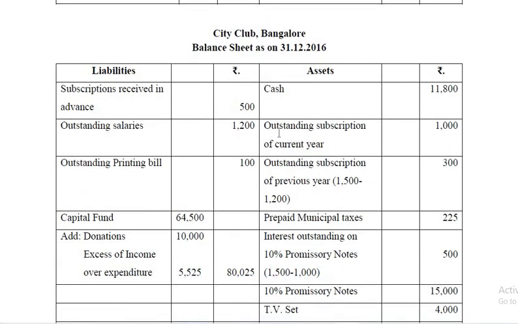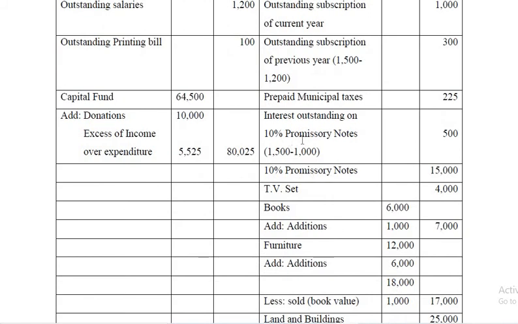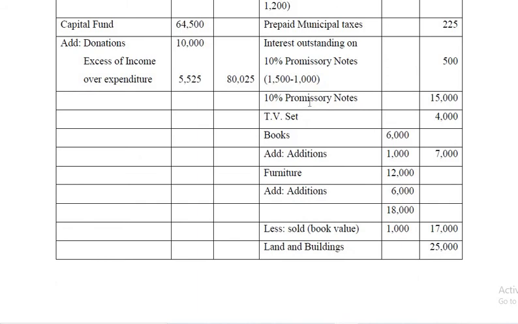Go to the closing balance sheet: closing balance of cash, outstanding subscription of previous year 1,500 minus 1,200. Prepaid municipal taxes 225, calculation shown elsewhere. Interest outstanding on 10% promissory note 500. 1,500 you should have received, but you have received just 1,000, so 500 receivable. 10% promissory note. TV set. Books opening balance, add additions, so 7,000.